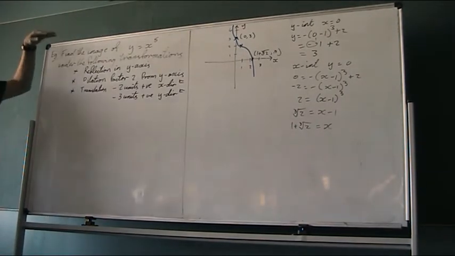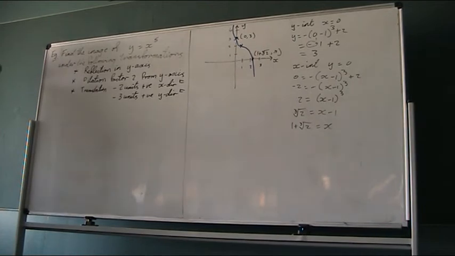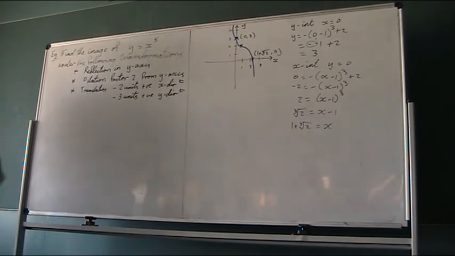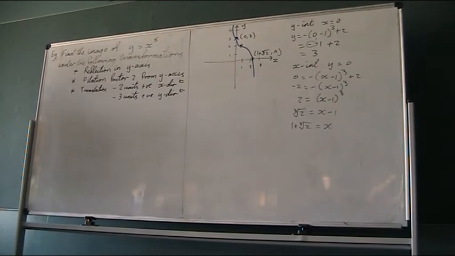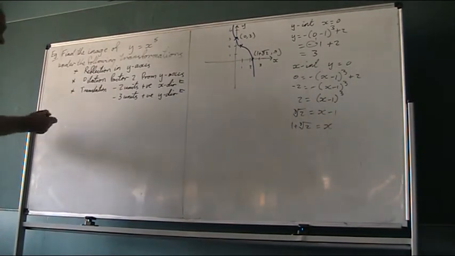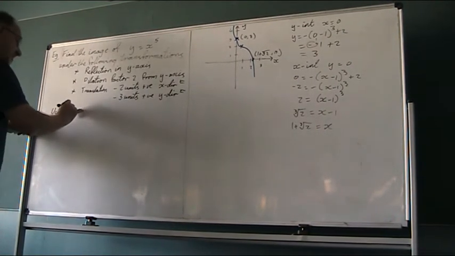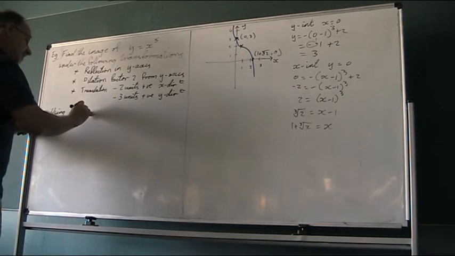All right, so in multiple choice exams, it's not uncommon to have this kind of thing: which of the following could be the image of that under the following transformations. Then they might give you a graph or they might give you equations. Because we're less familiar with the mapping, I'm going to use the mapping method.